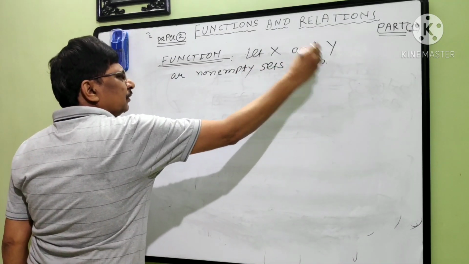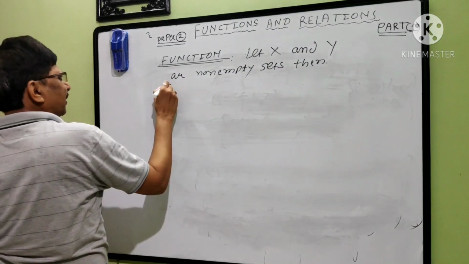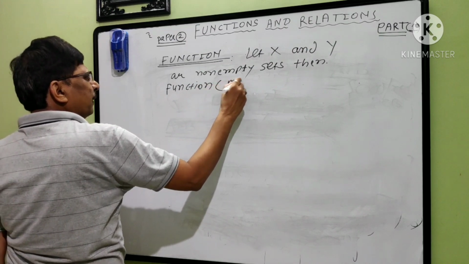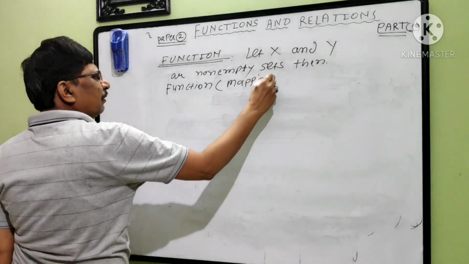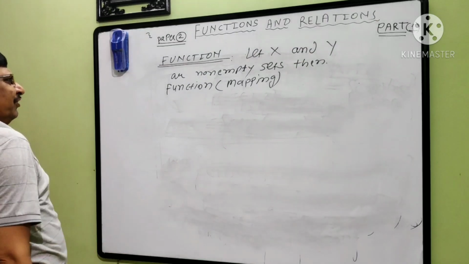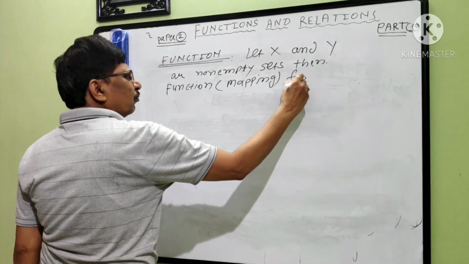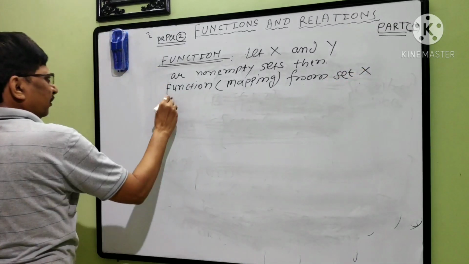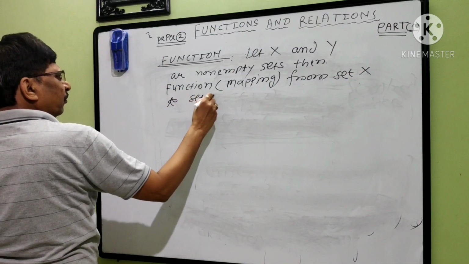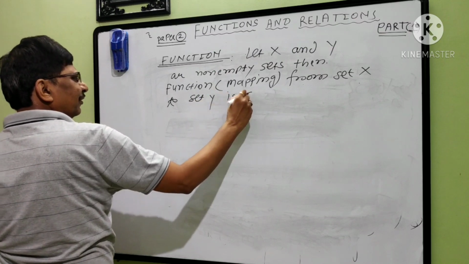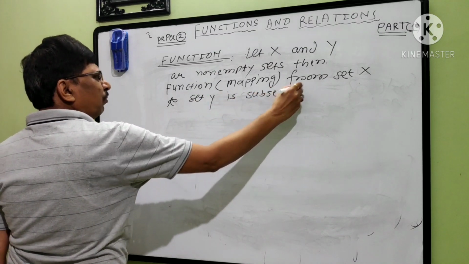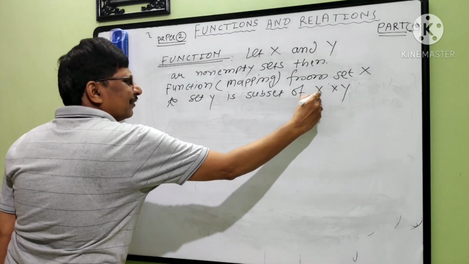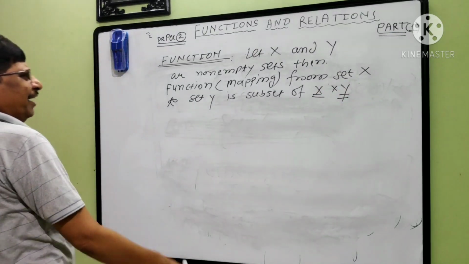Then a function, also called a mapping, from set X to set Y is a subset of X cross Y. First thing is that it is a subset of X cross Y.